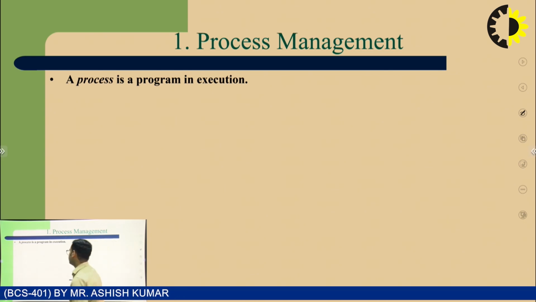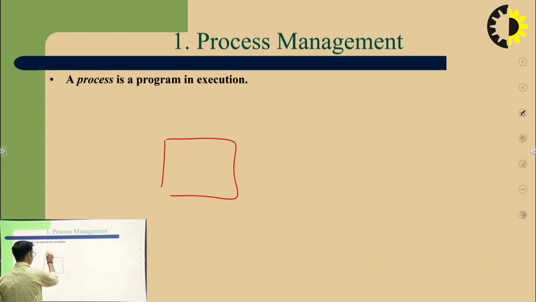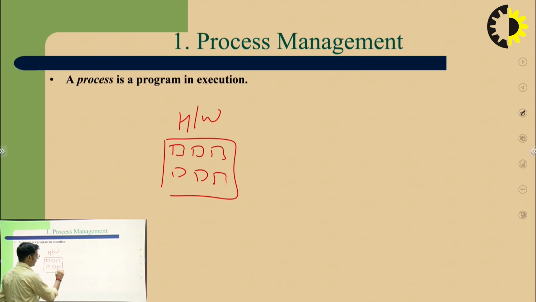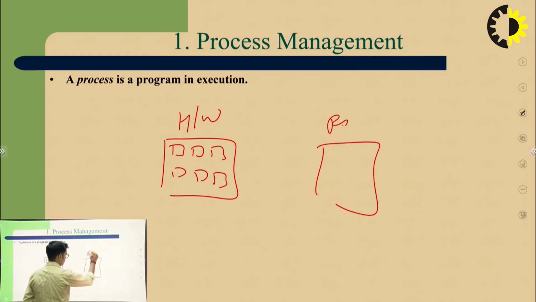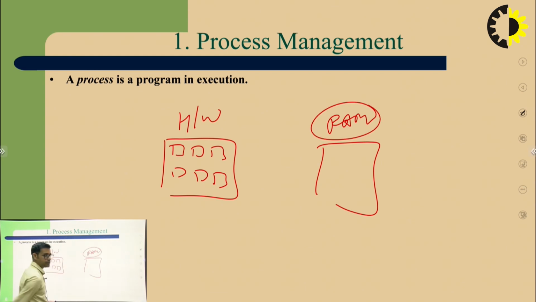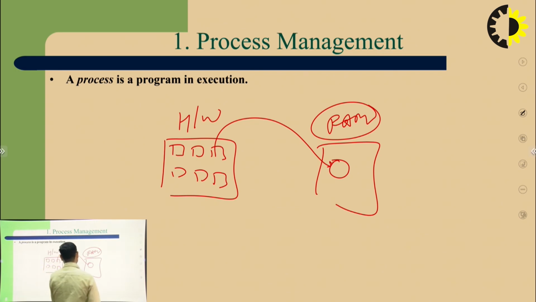Let's take an example. Suppose this is your system hardware, where all the files regarding the programs reside. Suppose these are the different programs. And this is your RAM. If a program comes from the hardware to the RAM, that program in execution is called a process.